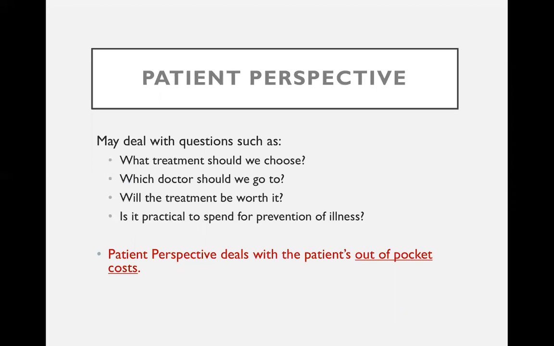In patient perspective, let's say your patient has a certain illness and he now has to choose what treatment option he or she should take, which doctor he or she should consult, and will it be worth his money to obtain such treatment. So, patient perspective is the simplest type of perspective. It deals with the patient's out of pocket costs.